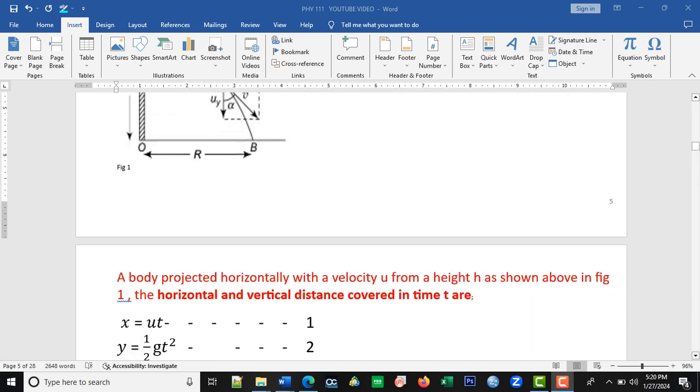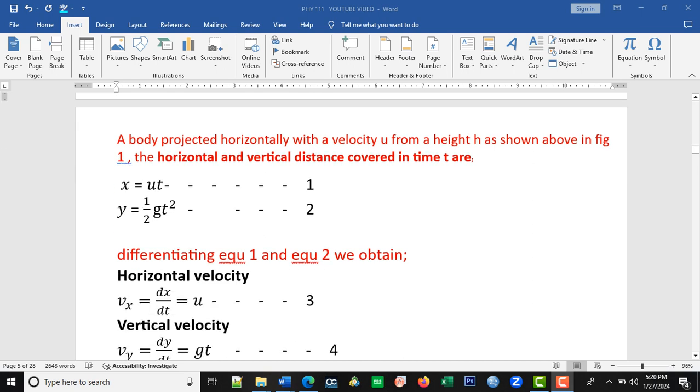Okay, let's go down and look at some expressions which we are going to use in solving most of these problems. A body projected horizontally with a velocity u from a height h, as shown in the figure above.